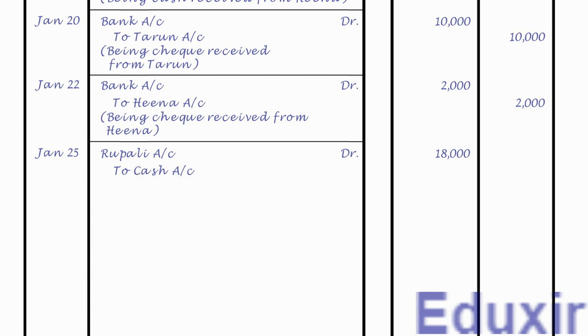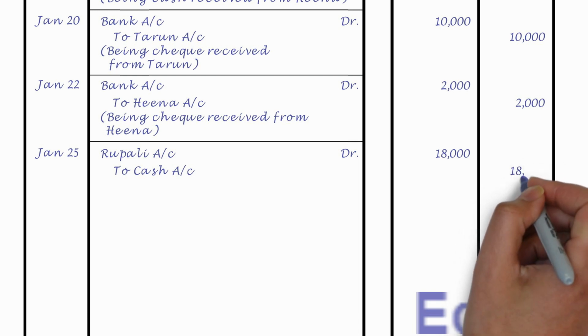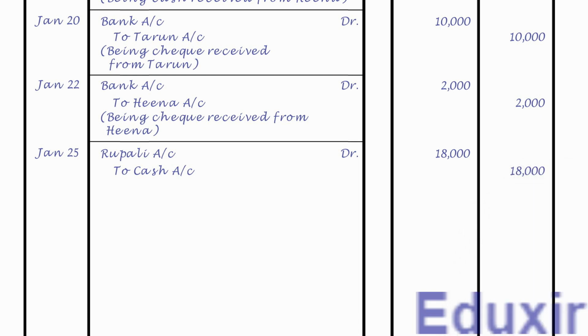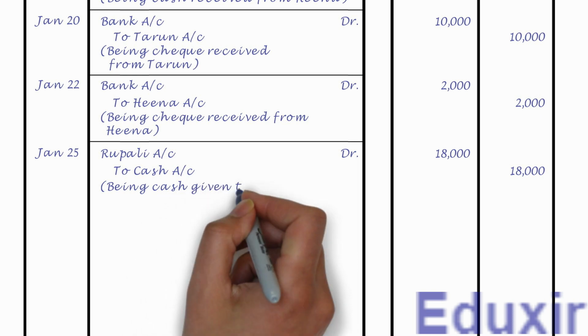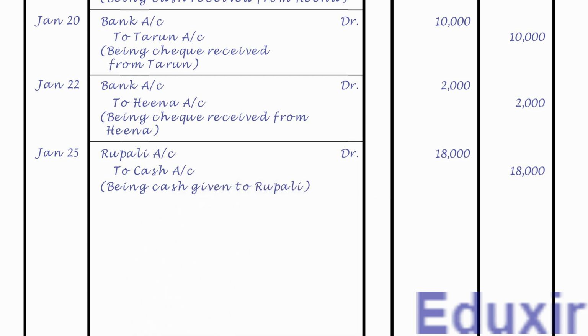Let us also record the credit amount of 18,000 rupees into the credit amount column. Let us now record the description or narration of this transaction, that is, being cash given to Rupali. Let us now draw a line to mark the completion of generalizing of this transaction. That completes the generalizing of this transaction.